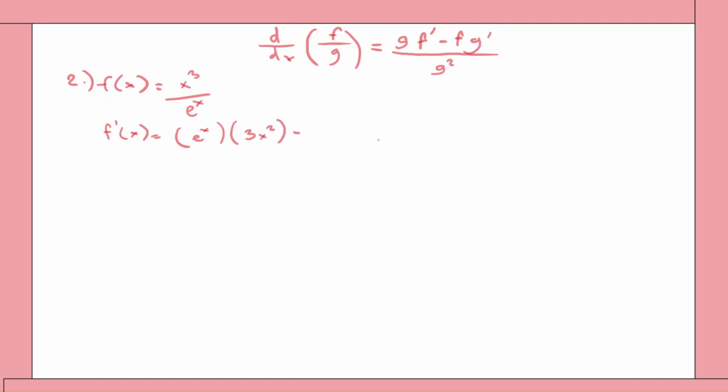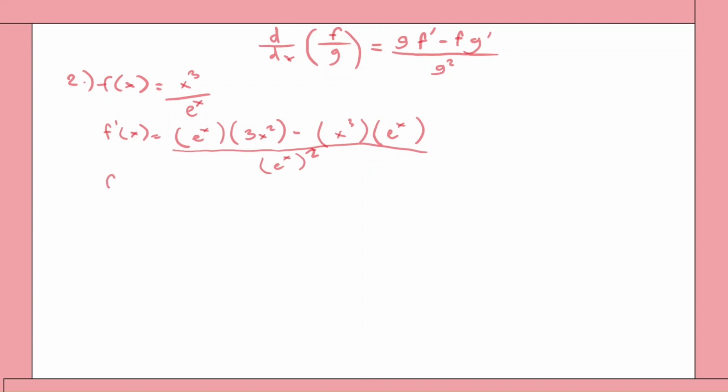Then we're going to subtract the f just as it is, so x cubed. And then we're going to multiply that by the derivative of the bottom, and the derivative of e to the x is just e to the x. And of course, this is all going to be over g squared, so e to the x squared.